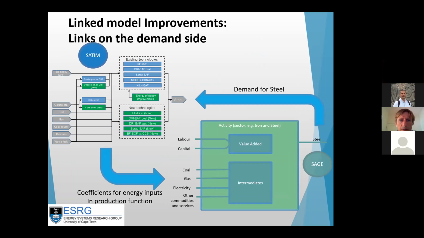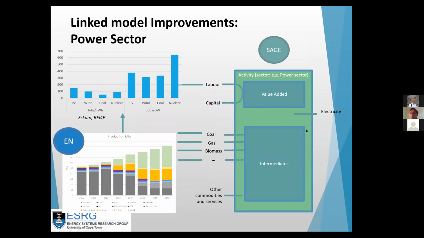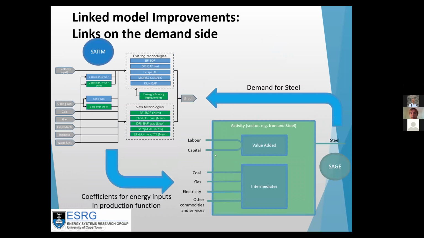And then the other development is that we're not just linking the power sector now. Before, the electricity demand was coming from the CG model, and we were just running a power sector model. Now electricity is an endogenous outcome of both models.